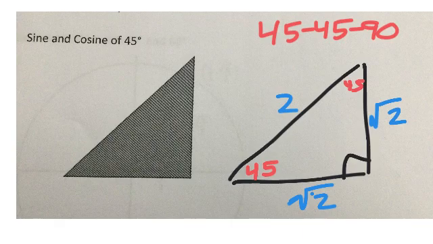So in reality, the right triangle we're using is this one. But it is proportional with this one. So what does that mean? Well, watch this. If I go sine of 45, that is the opposite over the hypotenuse. So that would give me radical 2 over 2. Looking at this triangle, which is the one I'm actually dealing with, if I did sine of 45, this would be the opposite, this would be the hypotenuse.